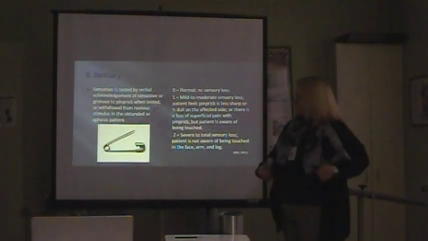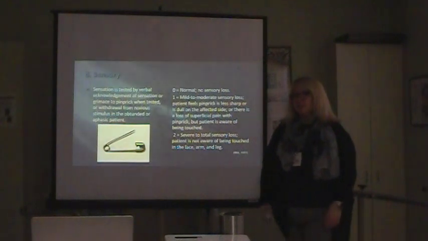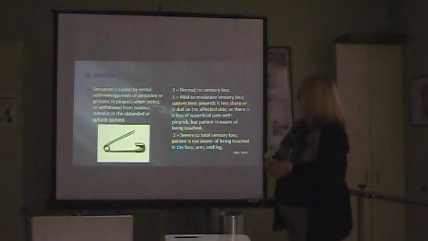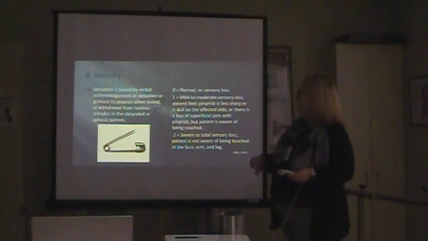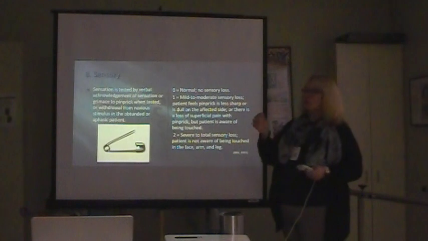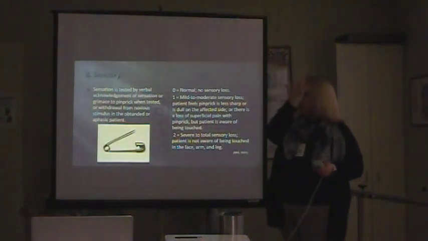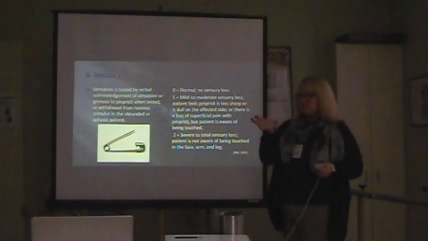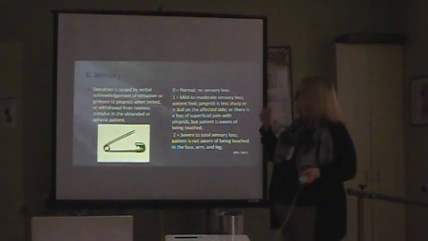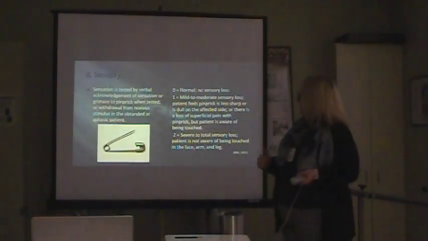I usually do a little bit of the trunk, and I do the upper legs. I also do bilateral face and bilateral top of the head. So usually I work all my way down. You're going to ask the patient, does it feel the same on this side as it does on this side? And if they say yes, that's a 0. And that's all the way down, obviously.